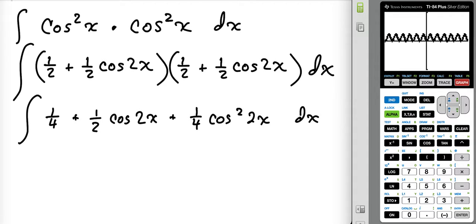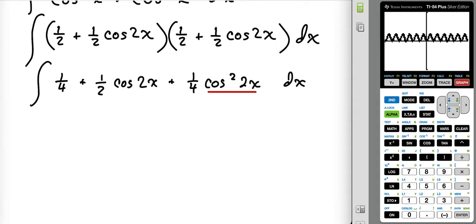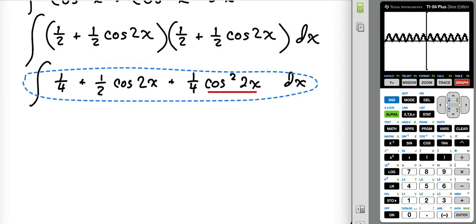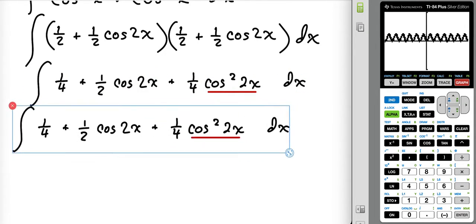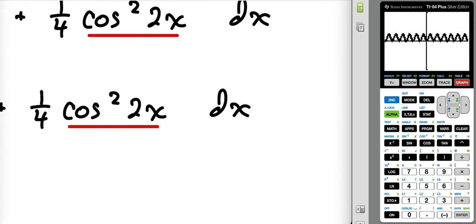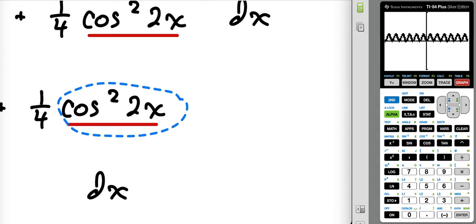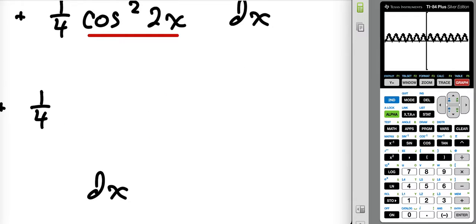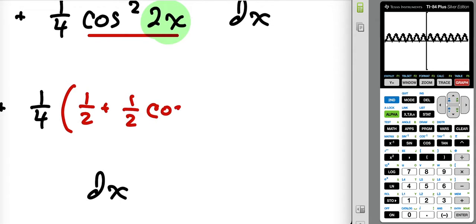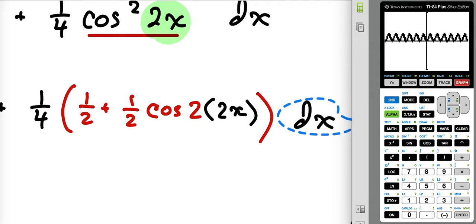So we're going to have to apply the rule again to get this piece. I'm going to make the substitution there. Let me just pull this out for a sec. The argument is 2x, so I'm going to do 1/2 plus 1/2 cosine of 2 times 2x. Then I bring my dx back in.